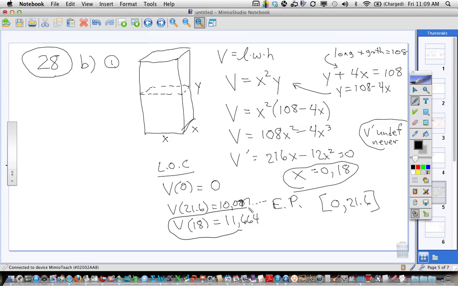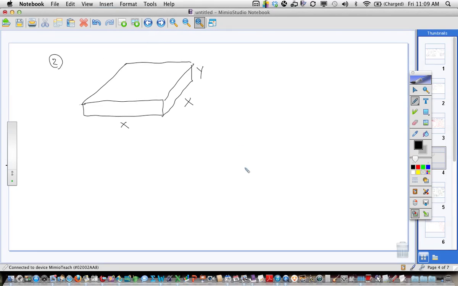Now, what did the question ask? Because we still have part 2 to do. Find the dimensions of the best one, the one that has large volume. So let's just hold off until we do part 2 before you decide if it's that one or not, right? But that was with x being 18.